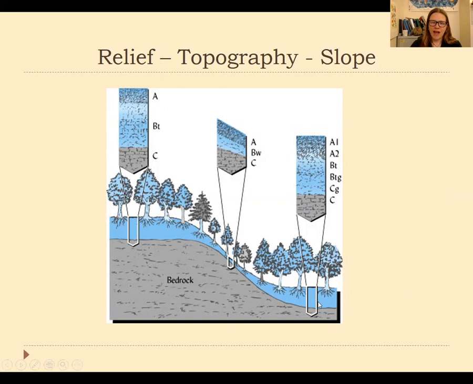And then on this valley bottom position, we have an A1, A2, BT, BTG, CG, C. So we have a much deeper and also really well developed soil profile in these kind of valley bottom positions. So again, if you're farming, you're probably going to want to be farming here, not here, and here even more than here. So that is something that's probably fairly intuitive as well.